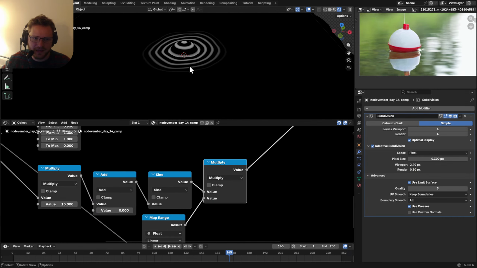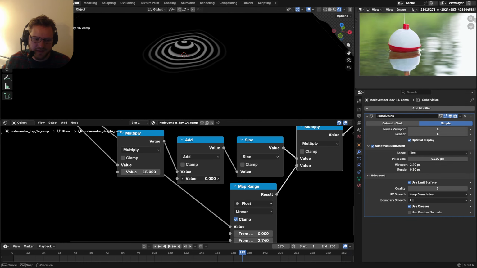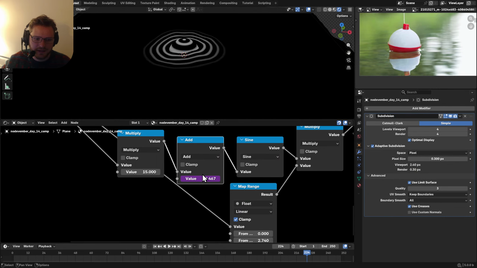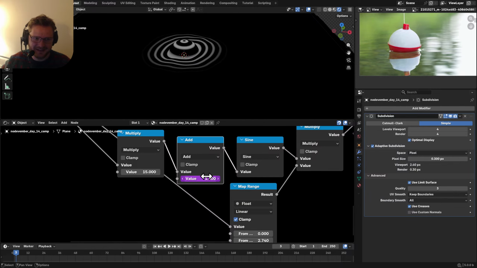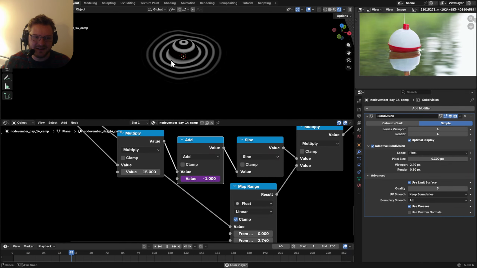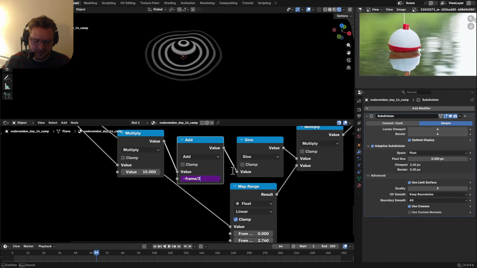Okay, and when I multiply this, now we have this map that I'm going to add animation to. And that clearly is way too slow. Okay, make that negative. And there you go. Now we've got those rings coming out.